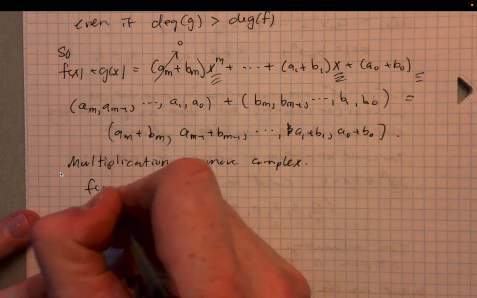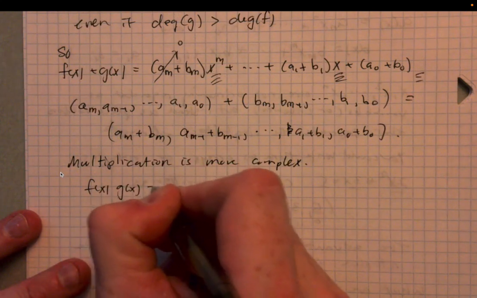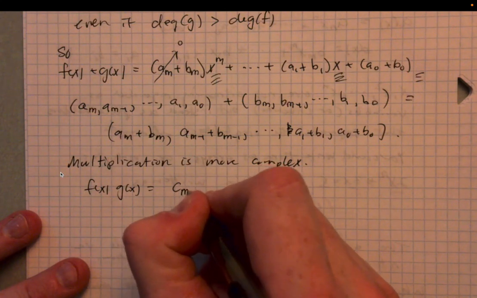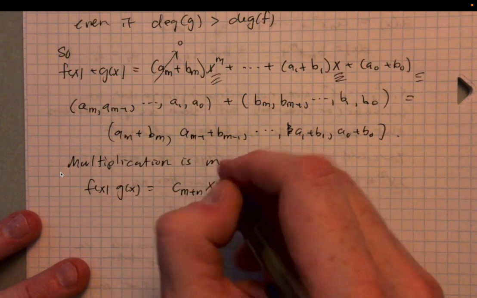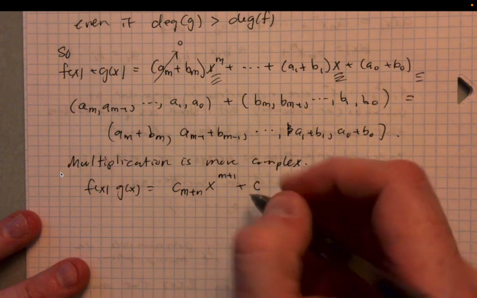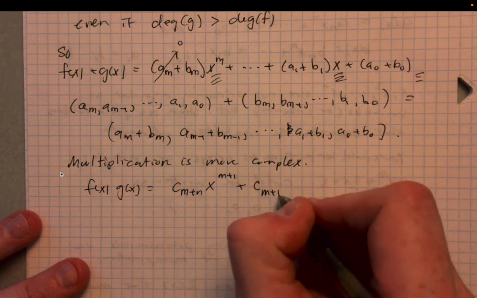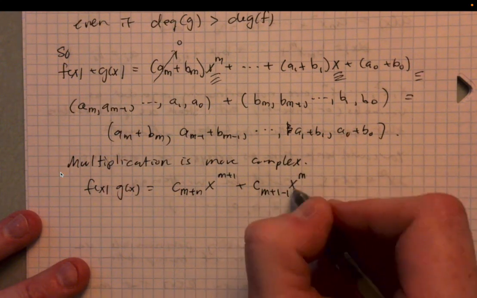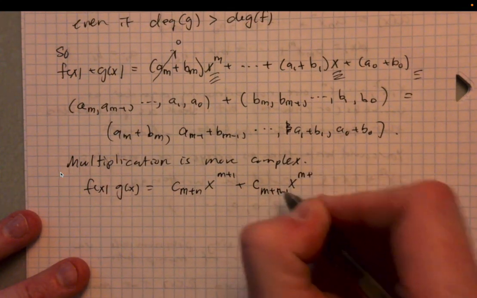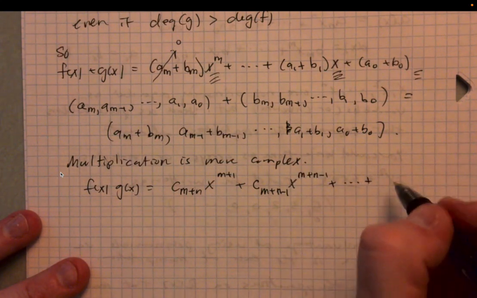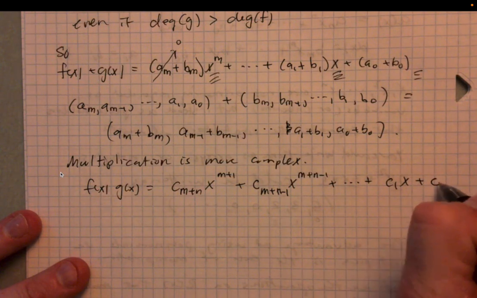But we would say f(x) times g(x) is equal to c_{m+n} x^{m+n} plus c_{m+n-1} x^{m+n-1} plus ... plus c_1 x plus c_0.